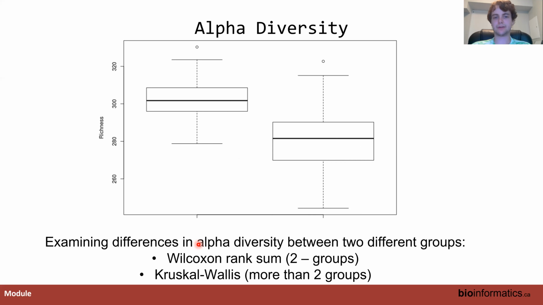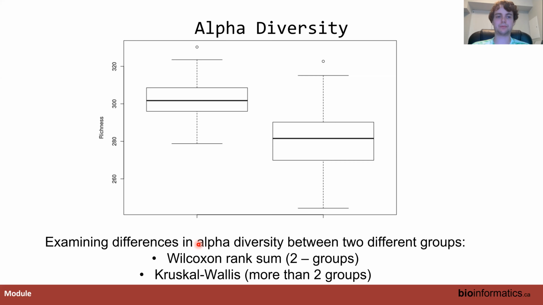If we only have two groupings, we can use what's called the Wilcoxon rank-sum test, or if we have more than two groupings, we could use the Kruskal-Wallis test. Both of these are non-parametric tests, so they don't depend on the data being normally distributed, and they can test whether the alpha diversity between two groups, or even multiple groups in the Kruskal-Wallis scenario, differs.